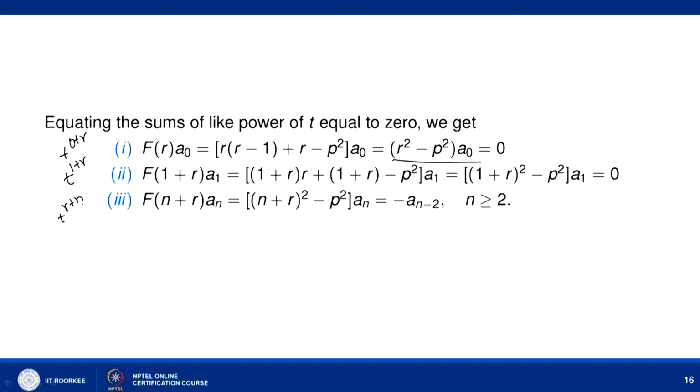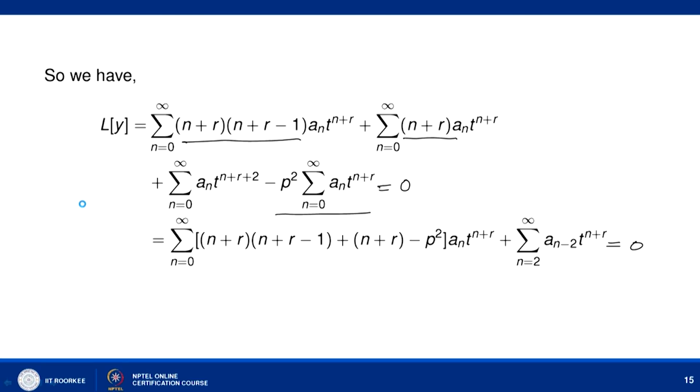Similarly, look at the coefficient of t to the power r plus n. So the coefficient of t to the power n plus r is this quantity, which is nothing but f of n plus r a n, and here we have this summation a n minus 2.